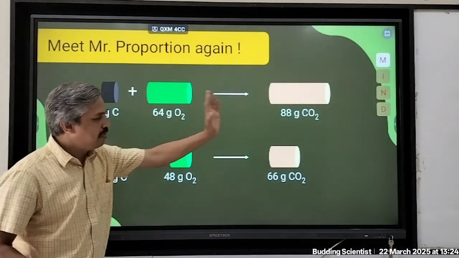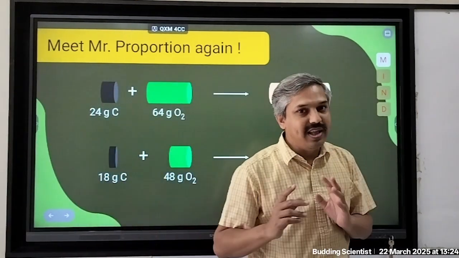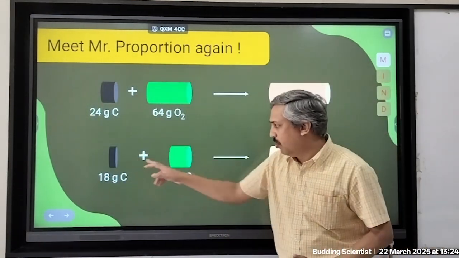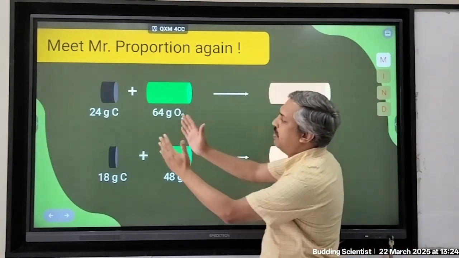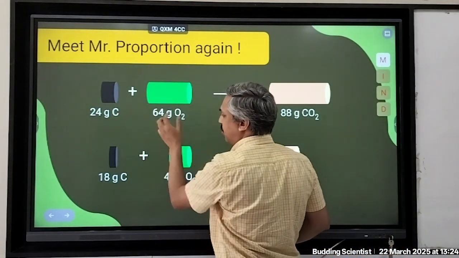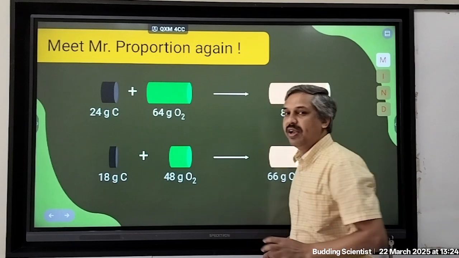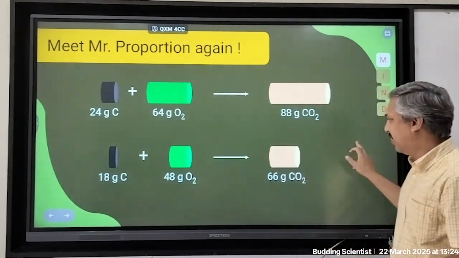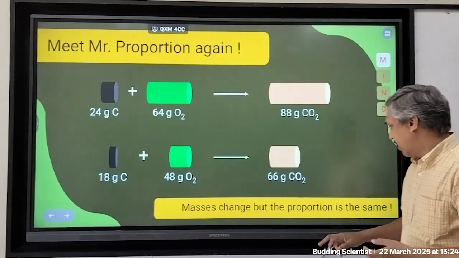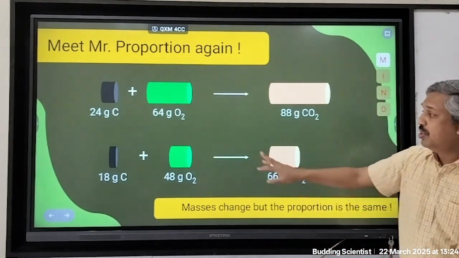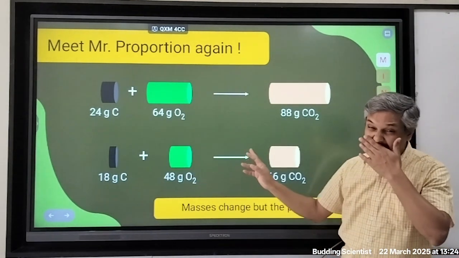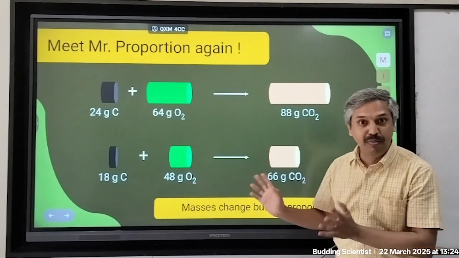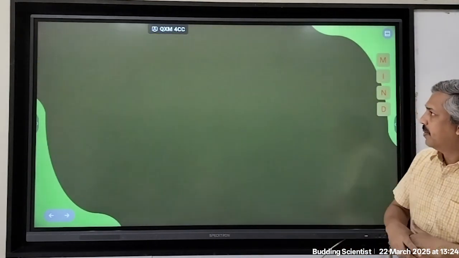Although these are only simple additions, again there is a possibility that it may not be only addition, but it might be a proportion. 24 is to 64, 18 is to 48. Is it proportion? Is it addition? Let's find out. The masses are changing, but the proportion is remaining the same. So it might be addition, it might be proportion, it might be both. We'll have to find out.